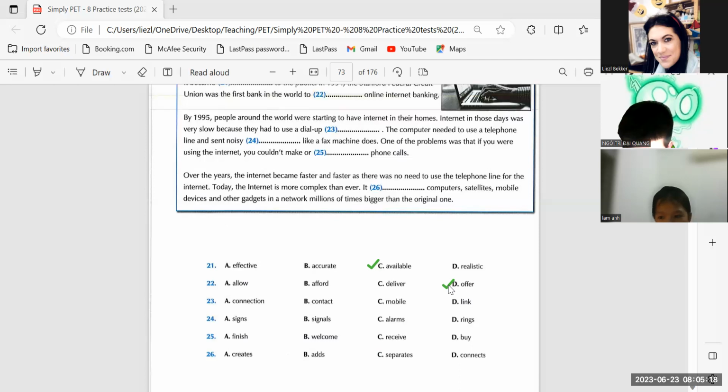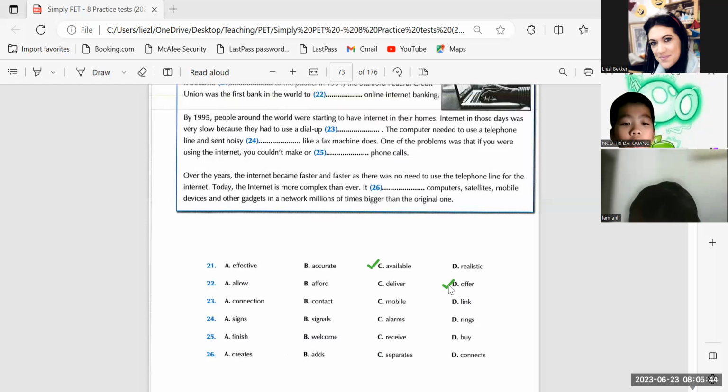Internet in those days was very slow because they had to use a dial-up. I would say, what's your answer? Link. Link, okay. Next one, Lam Anh, carry on.